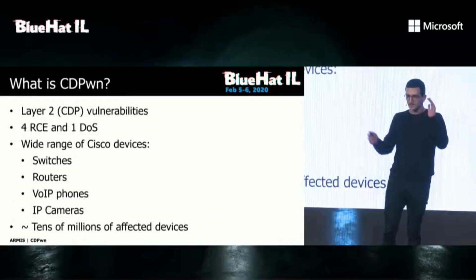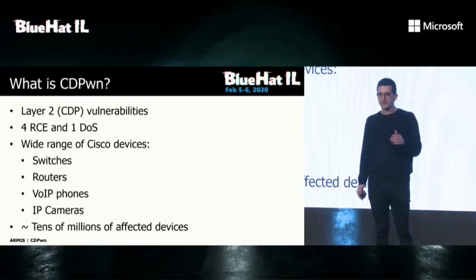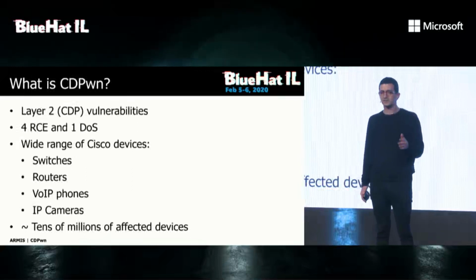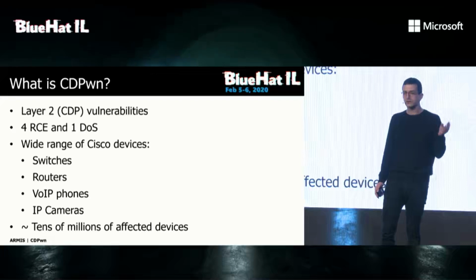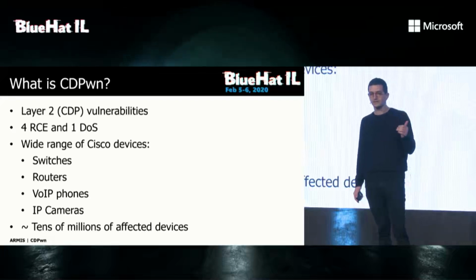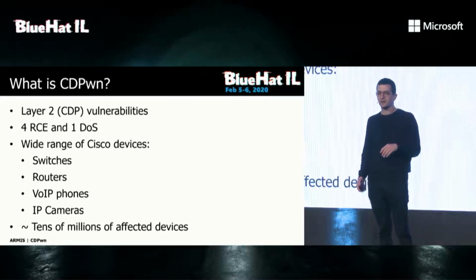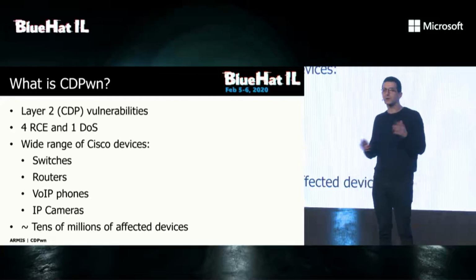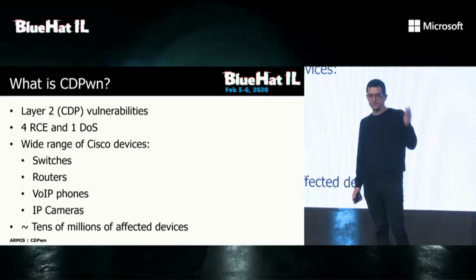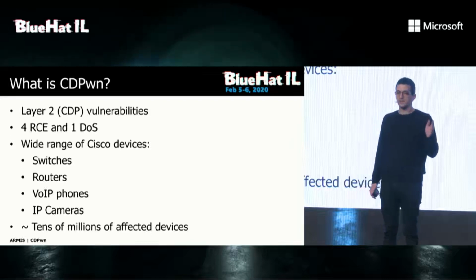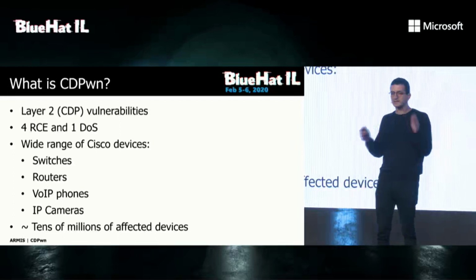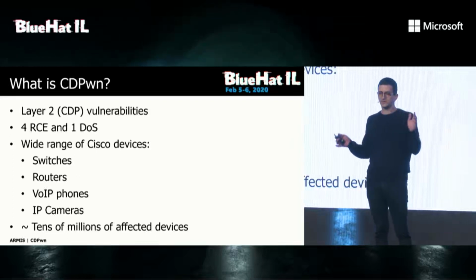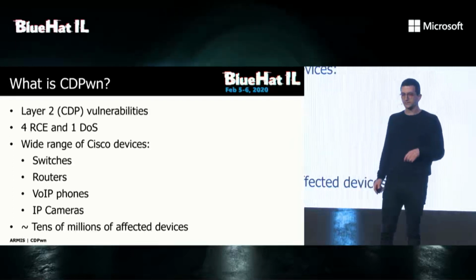So to begin at a high level, what is CDPwn? I said it's 5 vulnerabilities, but it's actually 4 remote code execution vulnerabilities and 1 denial of service vulnerability. It's in this protocol, in CDP. It affects a wide range of Cisco devices, switches, routers, IP phones, IP cameras, and an estimated number of around tens of millions of devices affected.